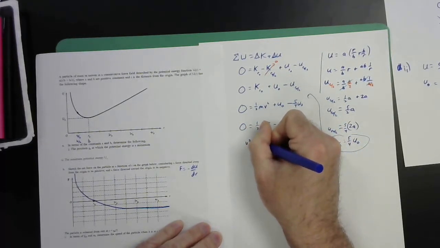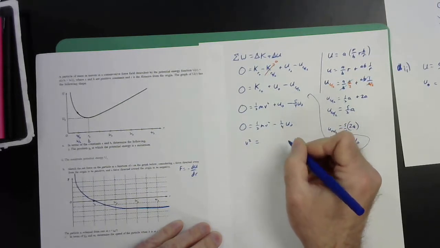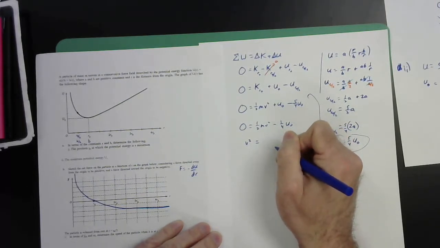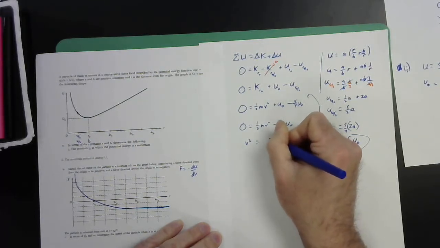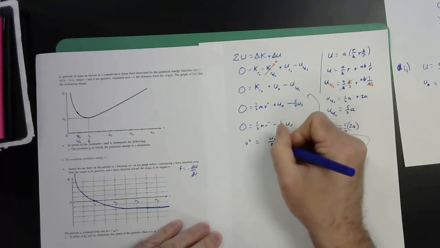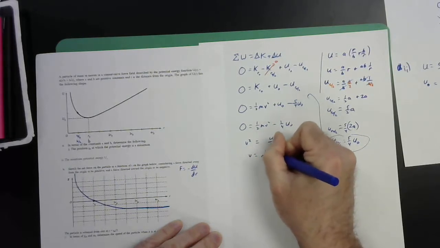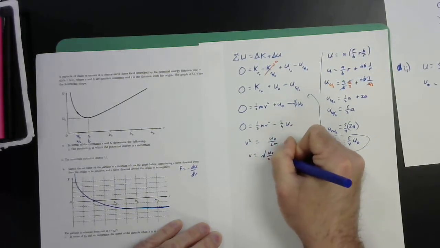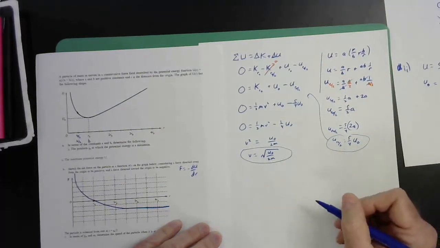V squared is going to be equal to a 4th U naught times 2 over 1, so it's going to be U naught over 2m. So v will be the root of U naught over 2m. There we go. That's what we're trying to find.